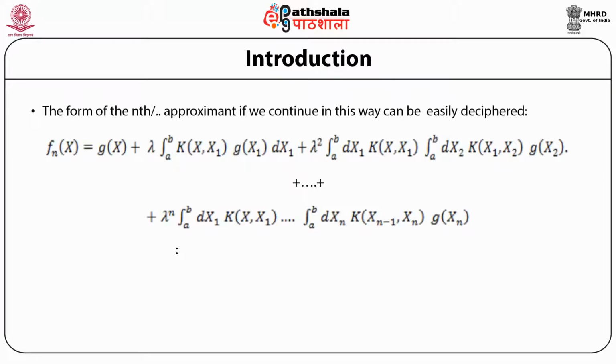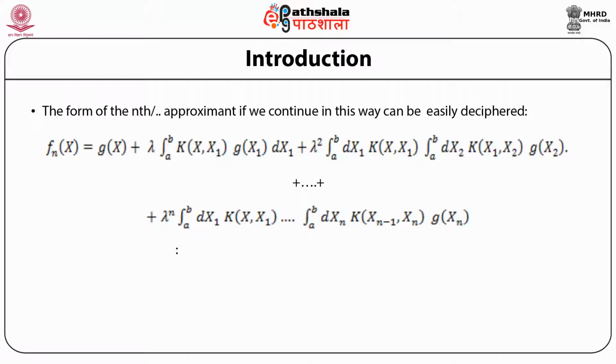So the form of the nth approximant, if we continue in this way, is easy to decipher, and we obtain fn(x), which is the nth order term, equal to g(x) plus λ integral from a to b over x1, the integrand being K(x, x1) g(x1), plus λ squared, product of two integrals, one integral over dx1, which involves only the kernel K(x, x1), multiplied by the integral again from a to b over dx2 of the kernel K(x1, x2) multiplied by the function g(x2).